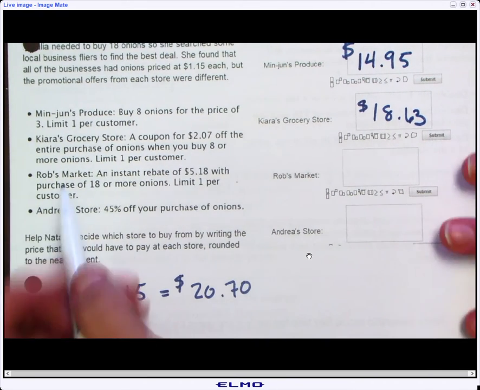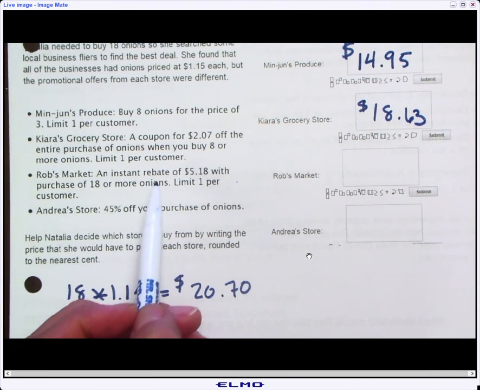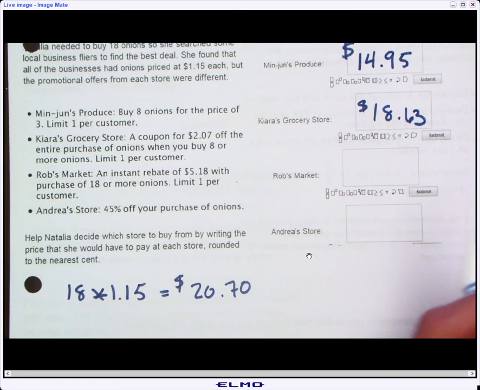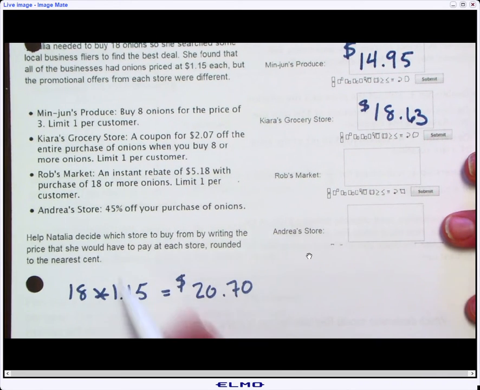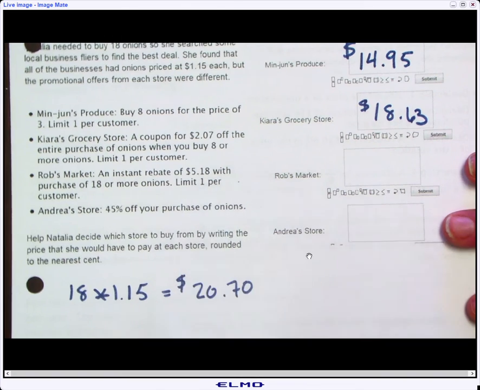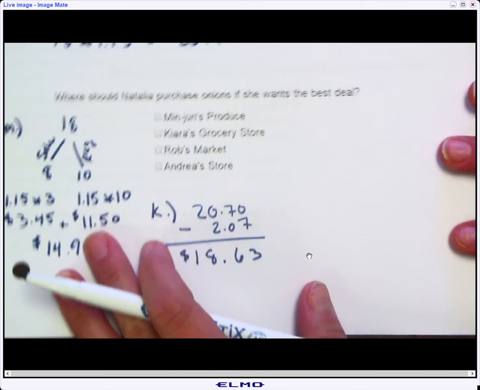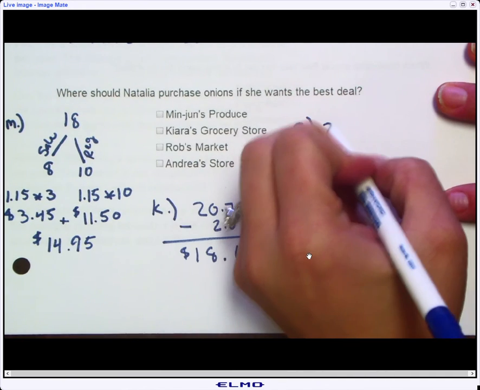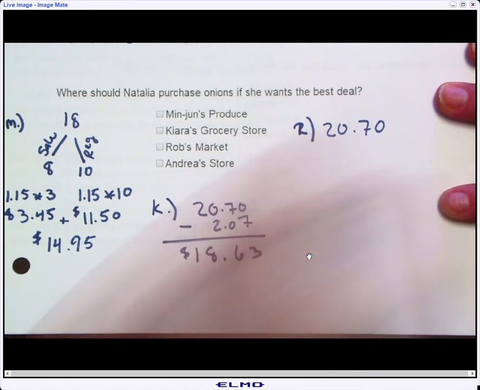Next, Rob's Market has an instant rebate. An instant rebate is the same thing as a coupon, so I'm going to just do that problem the exact same way. I'm going to take my cost of all of the onions and subtract my rebate off. So down here, I'm going to make just an R for Rob, put my price of my onions, $20.70.